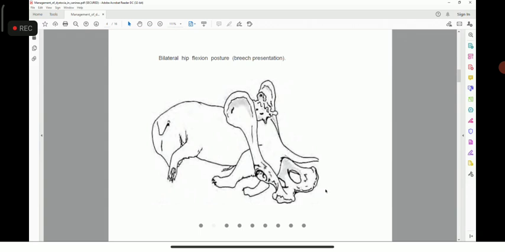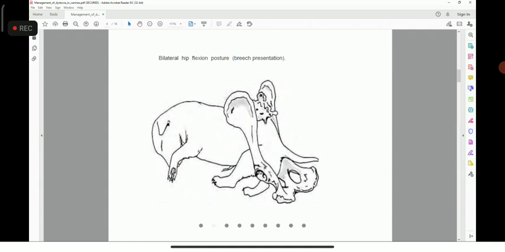Okay, what we have to do in this situation: first, diagnose that it is a breech presentation. Then what you can do, just put your finger on the hip region of the fetus and then provide retropulsion. Okay, means you are putting the fetus back into the uterus.